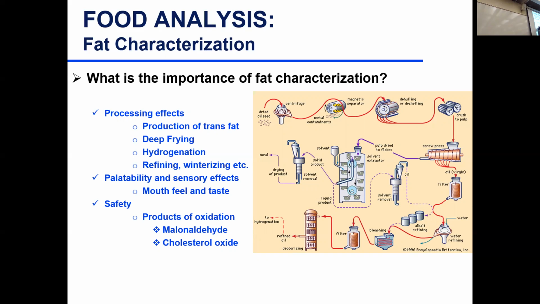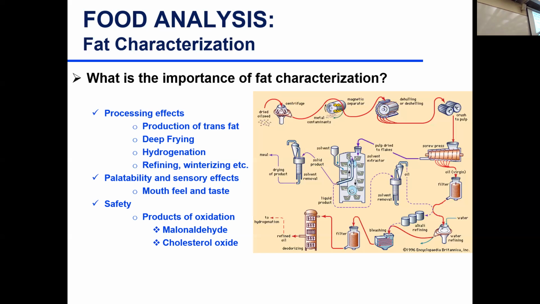So in deep frying, we don't only cause the formation of free fatty acids by hydrolysis, but we also cause oxidative rancidity as well over time. That's why the oil, frying oil, is checked to see how many times you can reuse the oil before it is really bad, causing off flavors and health concerns as well.